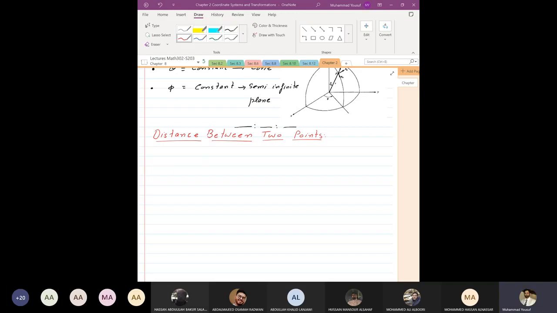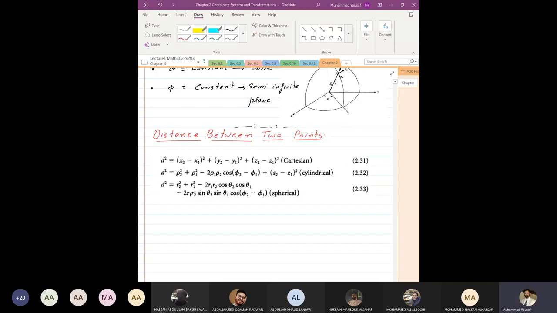Then how do we compute? Either we convert the coordinates to Cartesian, which is a formula we are familiar with from our previous courses.